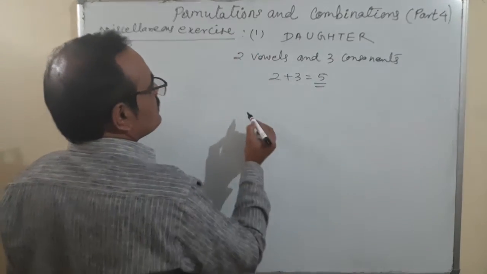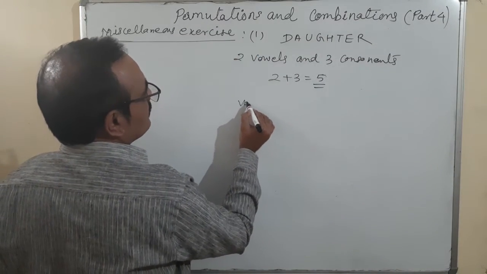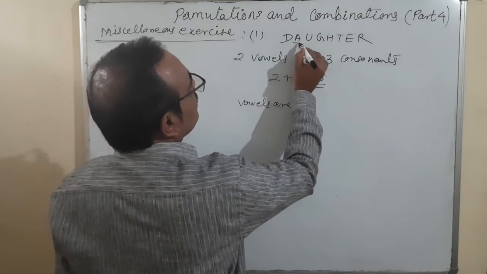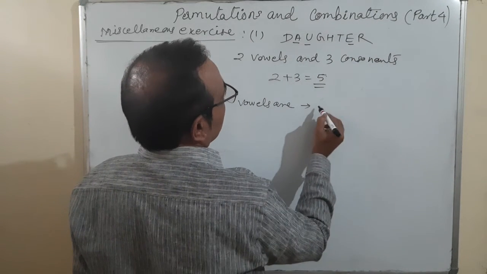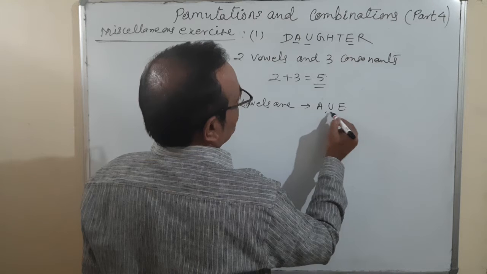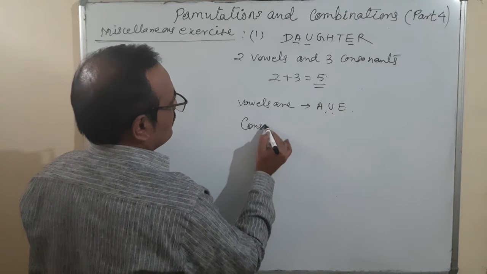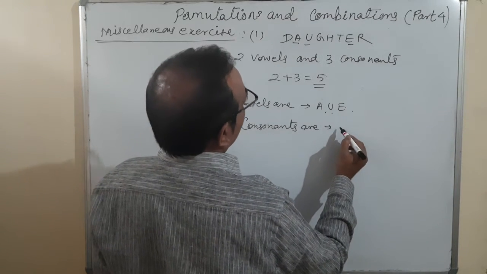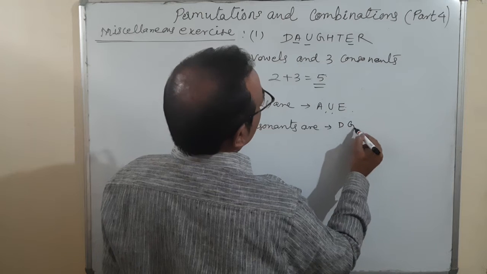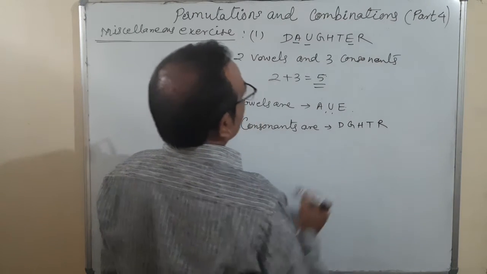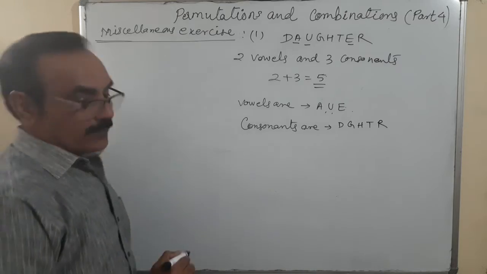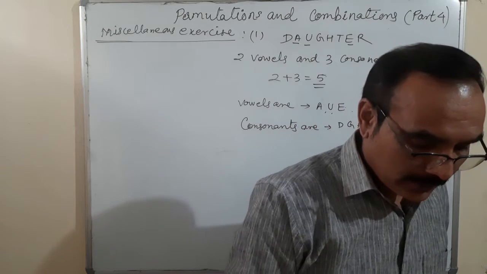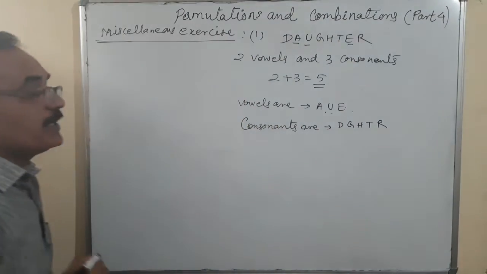Let us see how many vowels there are: A, U, E. The remaining consonants are D, G, H, T, R. The question is how many words with or without meaning can be formed.